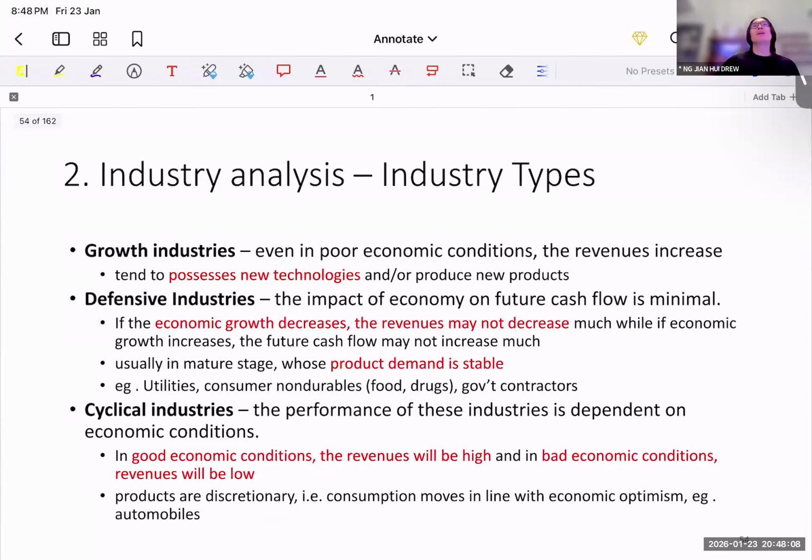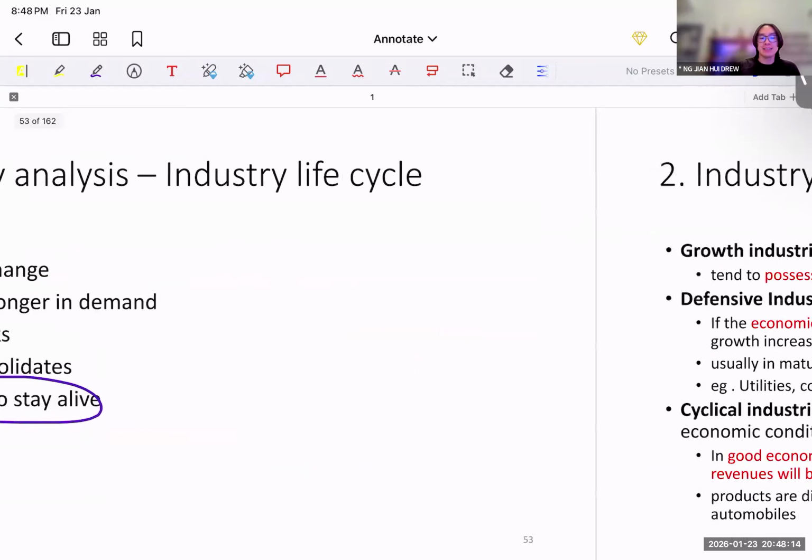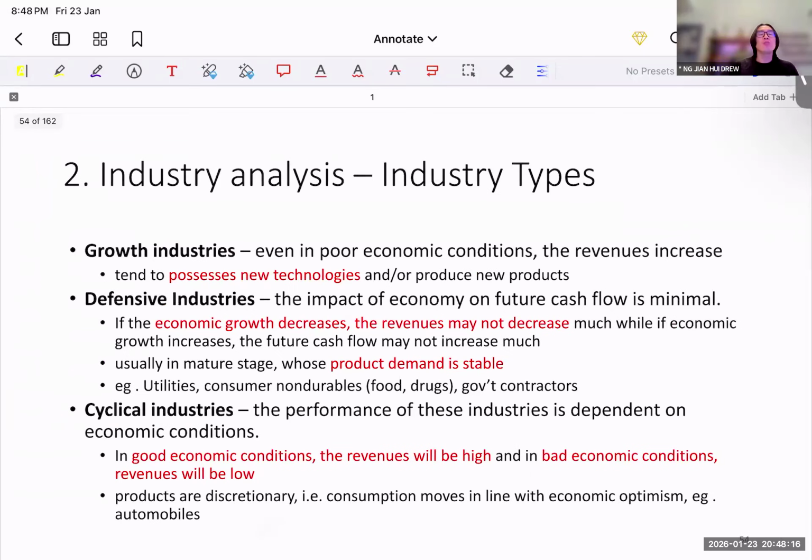Industry type. Before that, we were talking about the life cycle, right? Which part of the industry cycle the company is in. But generally, we have three key industries, right? The company can either be in a growth industry, a defensive, or a cyclical kind of industry, and depending on what kind of products and offerings they are providing to consumers, they fall into those categories.